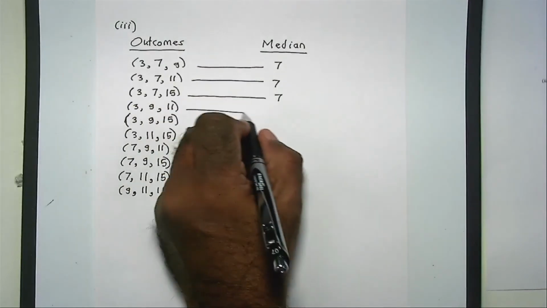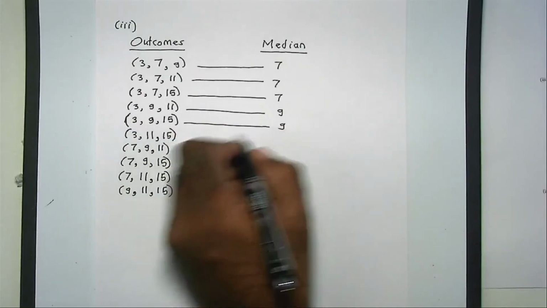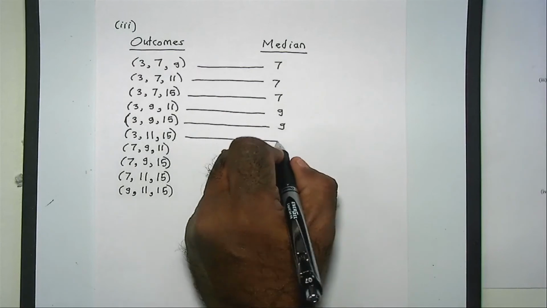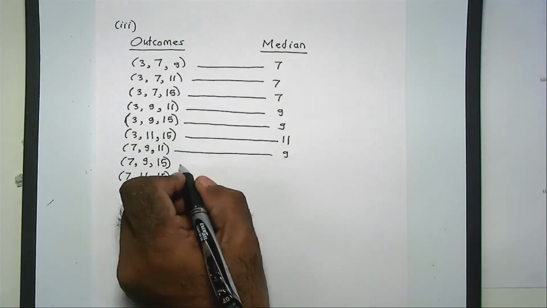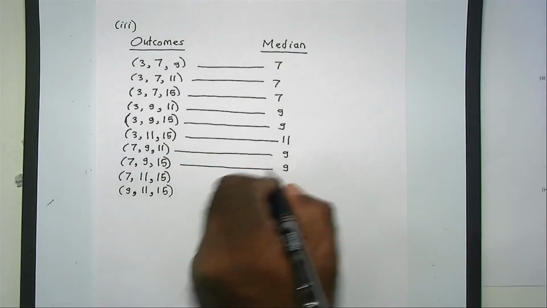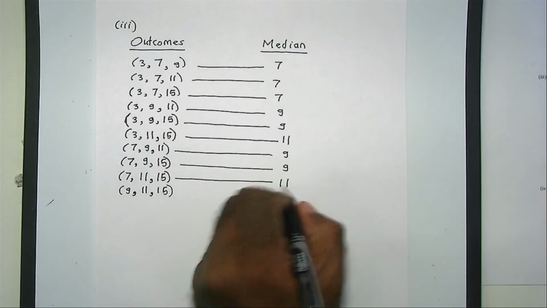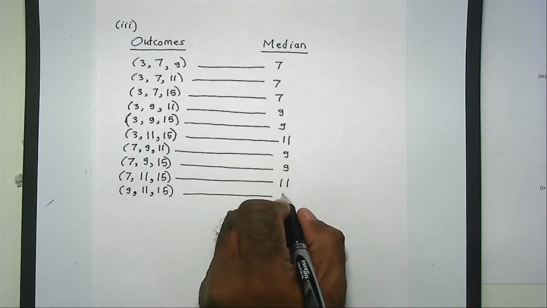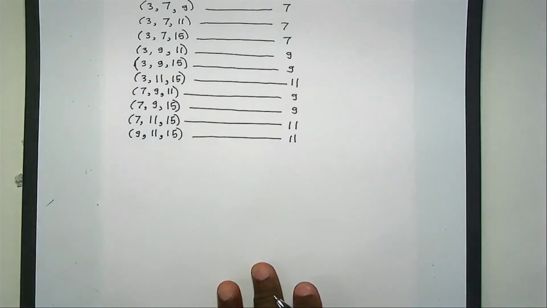For here, the middle number is 9. The middle number is 9. The middle number here is 9. And the middle number here is 11. The middle number here is also 11. Right? Okay, guys, so that's the first table.